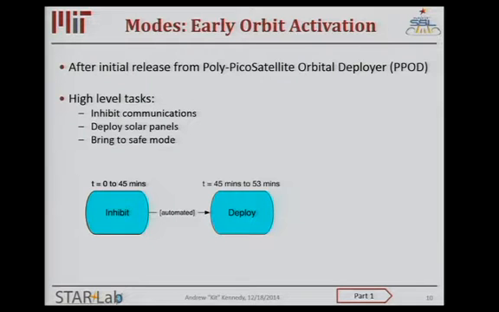This process, going from inhibit to deploy after we release from the P-POD, is totally automated. We deploy solar panels using thermal knife devices, basically a burn wire. And after we've deployed our solar panels, we go to a safe mode, where the spacecraft just waits for an uplink from the ground to tell it to enter science operations.